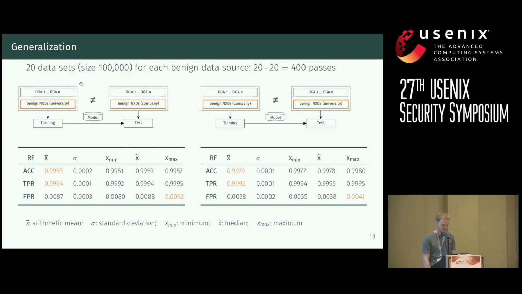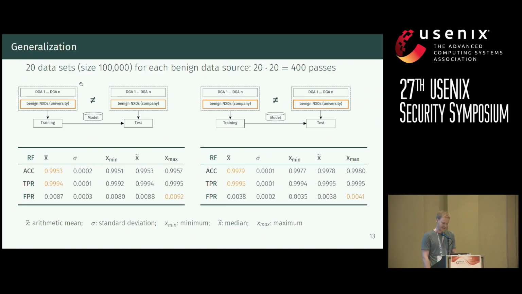This could, for example, look like this: we perform training using domains of DGA1 to N and benign NXDs from the university network, and then perform the testing on DGA1 to N, but with benign domains from the company network. On the right-hand side, the same experiment vice versa.